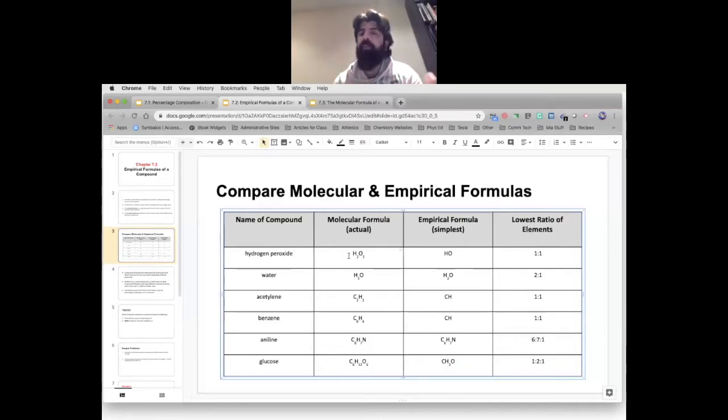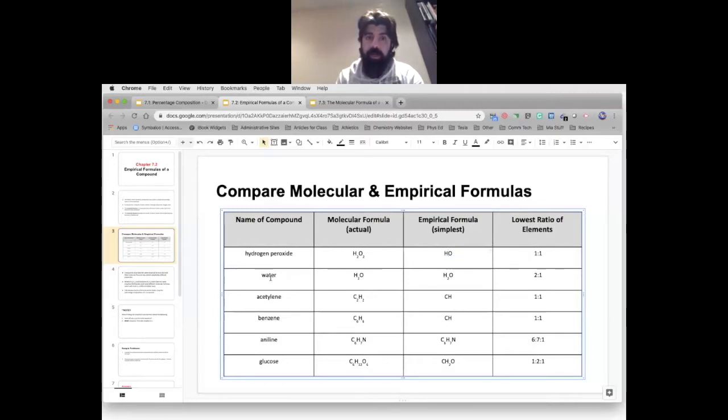So that's the actual molecular formula. Now, if we take that H2O2 and we think, what number divides evenly into all of those subscripts, and that is a 2. So they all simplify to just an HO. So 1 hydrogen for every 1 oxygen. So the ratio is a 1-to-1 ratio.